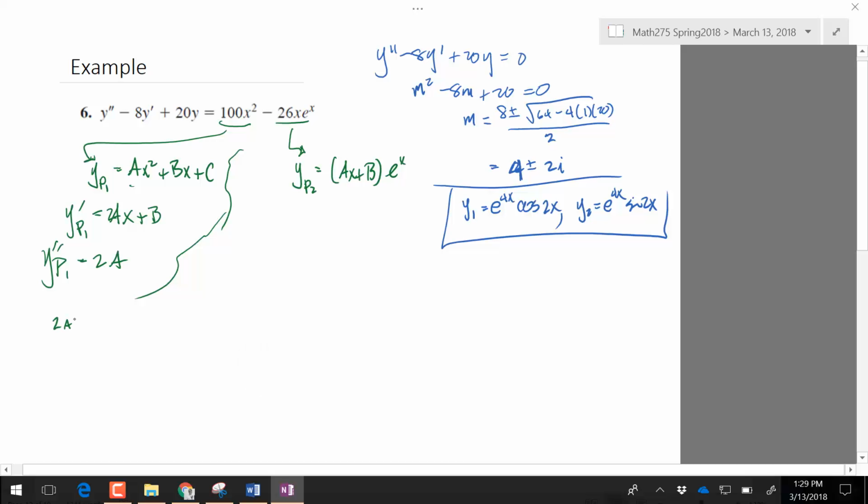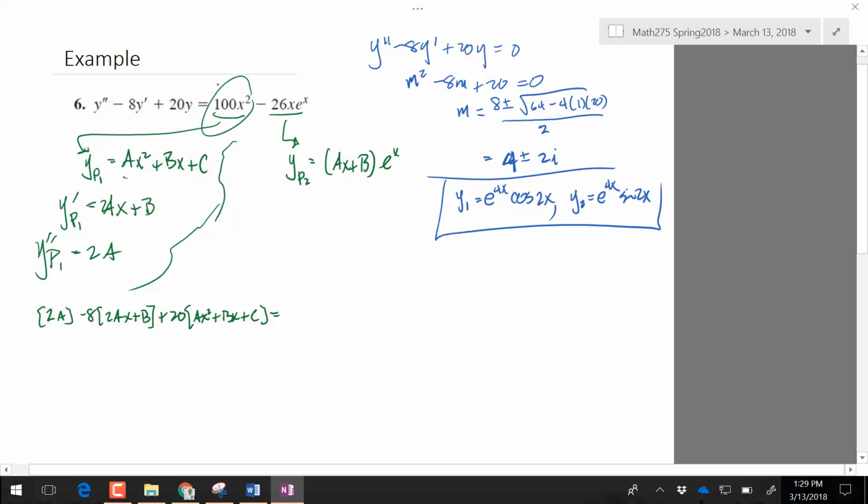We got 2a for the second derivative, and the first derivative is 2ax plus b, and then our regular function multiplied by 20 is ax squared plus bx plus c. Since I'm only working with one of the terms right now, I'm just going to put that term here, 100x squared.